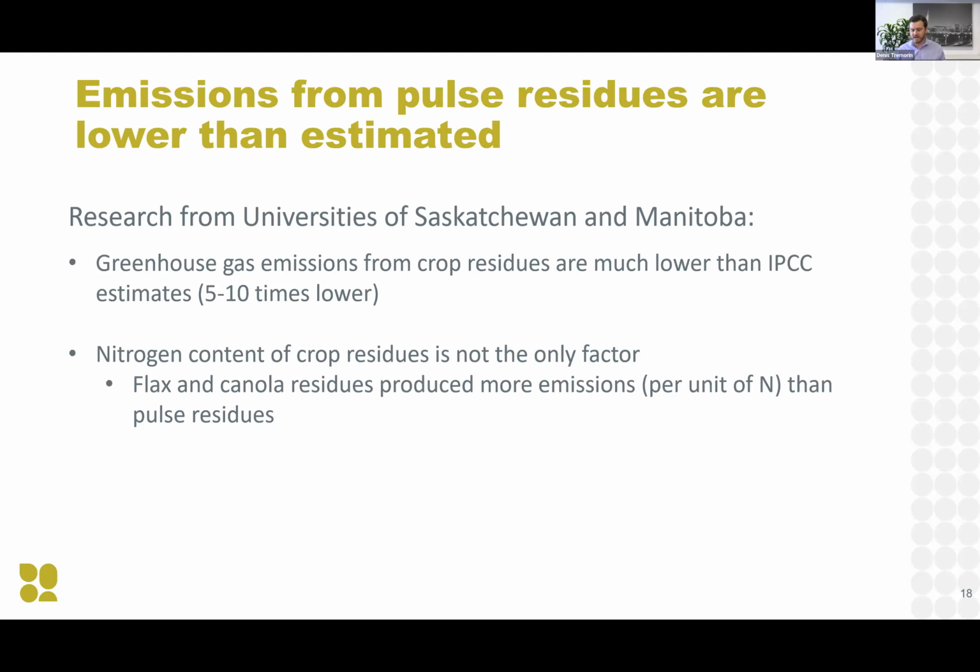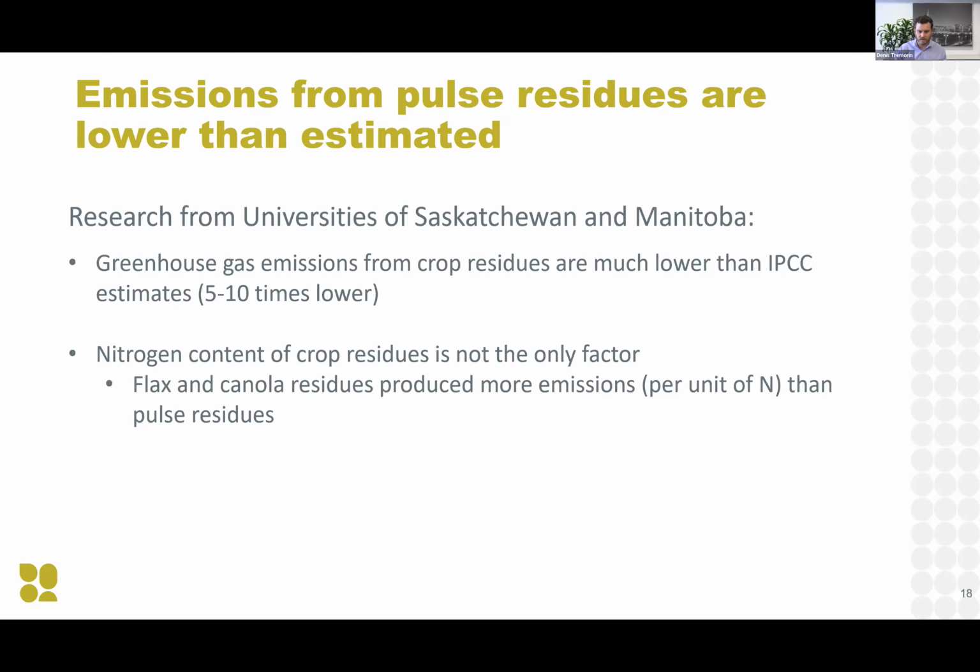At the end of the day, what this tells us is that we're not producing as much emissions as we thought with pulse production, and even in all crops, because crop residues were assumed to be producing more than we thought they were. I can explain that a bit more. My master's degree involved this type of nitrogen dynamics work, and I have a pretty good understanding of that.